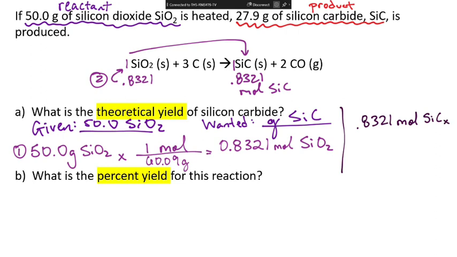I'm all out of room here, so I'm going to take it down here. I would do this on the same line, but I'm trying to fit this all on the screen. So I'll find the molar mass of silicon carbide: 28.09 plus carbon is 12.01, 40.10 grams, my final molar mass.